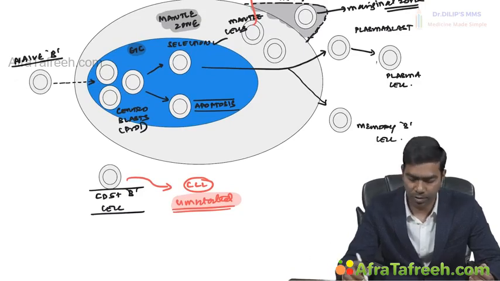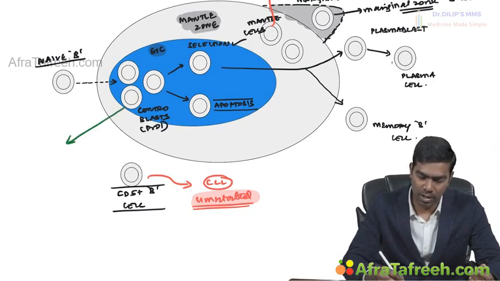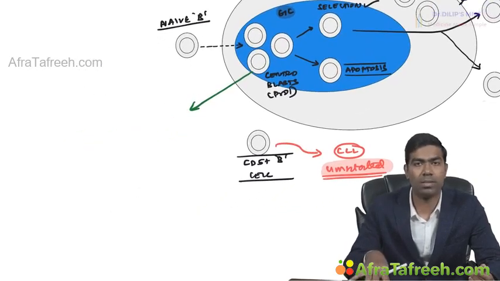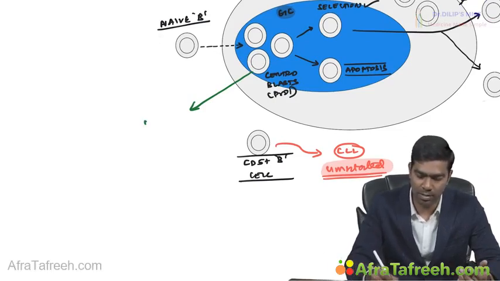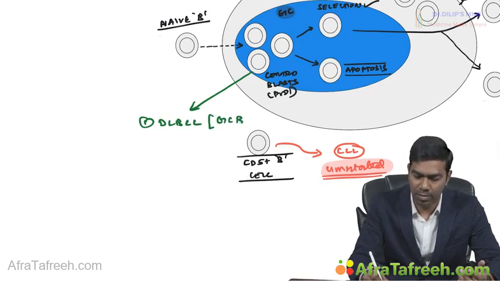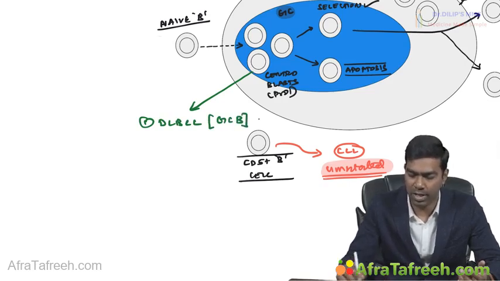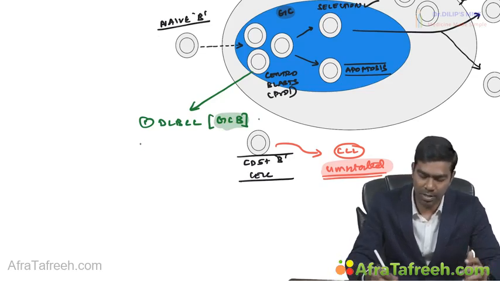And next, you can see a lot of these centroblasts that are proliferating. The centroblasts give rise to a lot of neoplasms. These proliferating B cells in the germinal center itself might result in a lot of neoplasms. Number one, it can give rise to aggressive neoplasms like DLBCL, that is diffuse large B cell lymphoma, especially of germinal center B cell type. So whenever I put DLBCL of GCB, it means the germinal center B cell type of DLBCL.